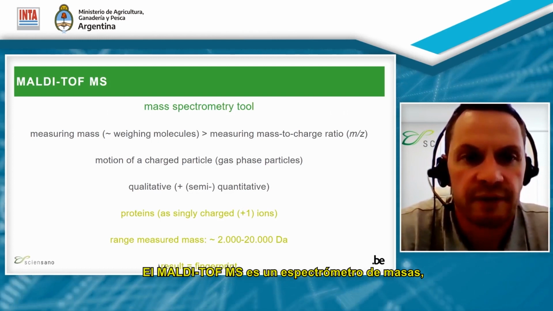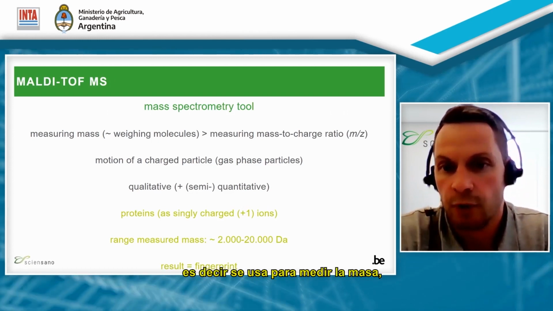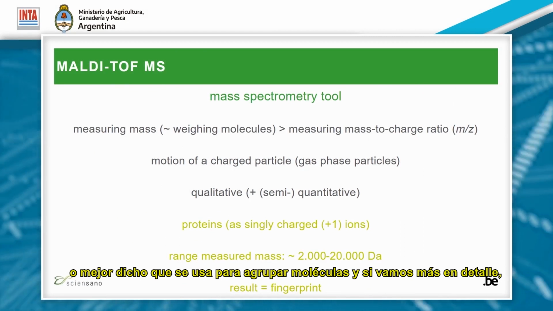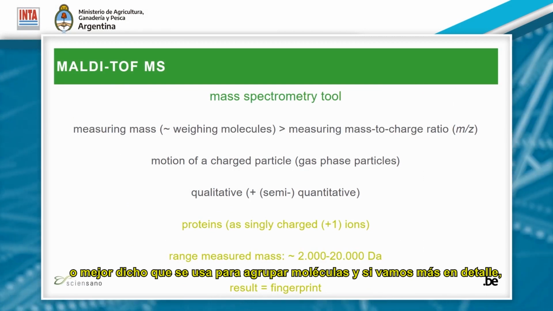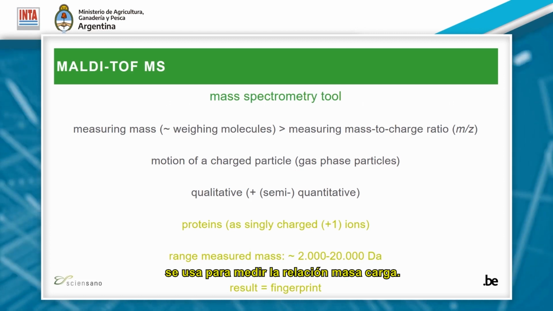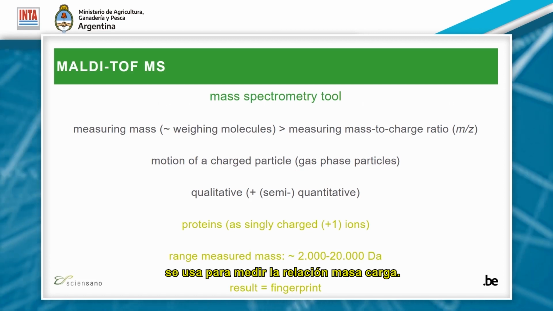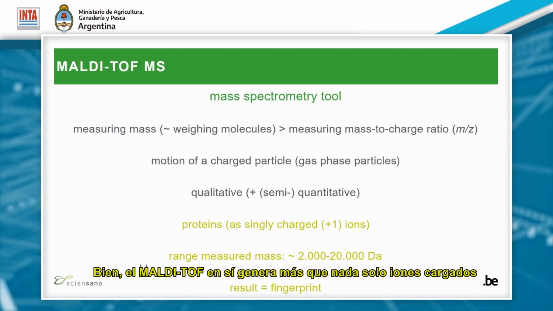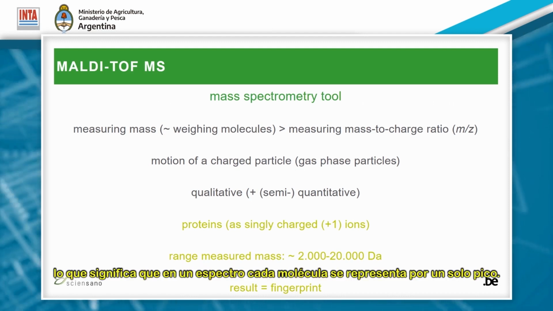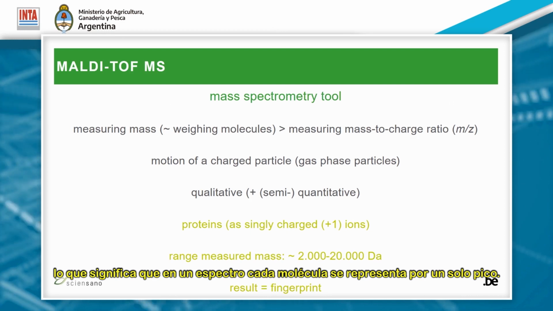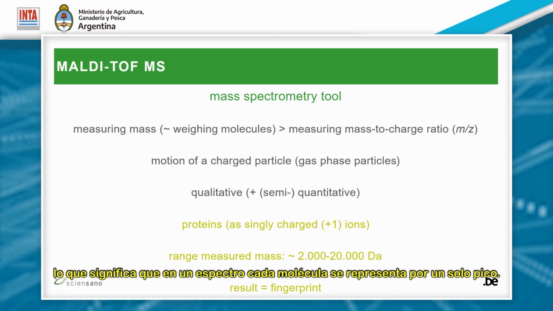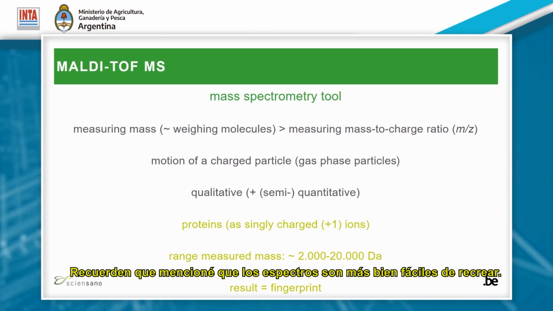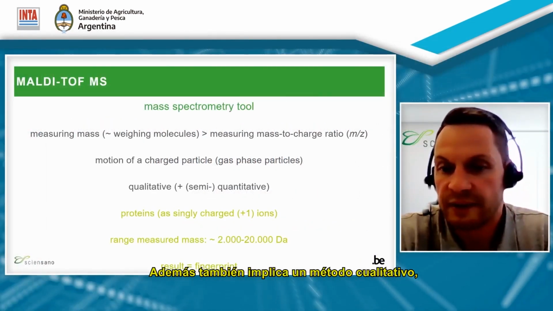MALDI-TOF MS is a mass spectrometry tool. So we are measuring the mass, it's better to say we are weighing molecules, and even more correctly, we are measuring the mass to charge ratio. Now, MALDI-TOF itself generates mostly singly charged ions, which means that in a spectrum, each molecule is represented by only one peak. Remember what I said about the fact that spectra are relatively simple. It is also a qualitative method.